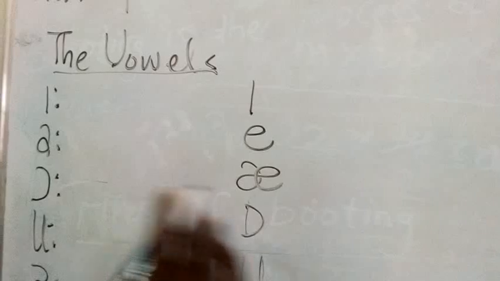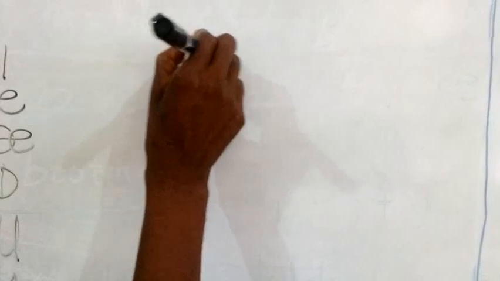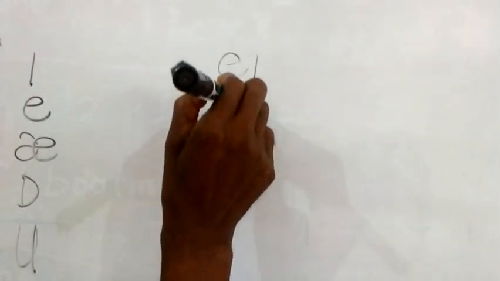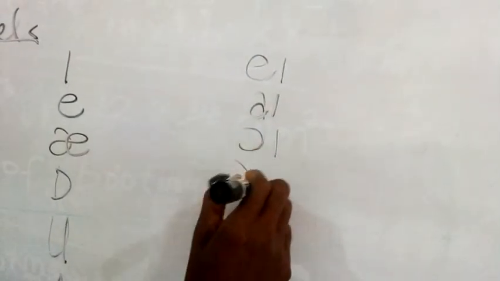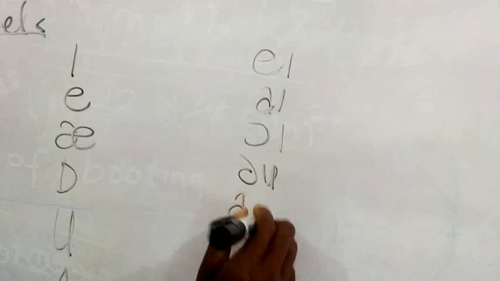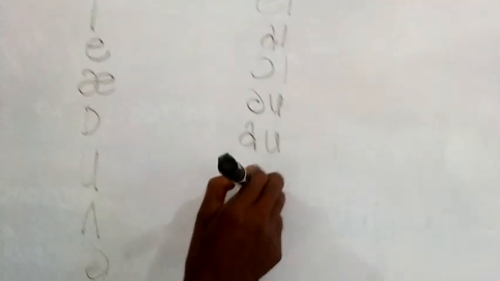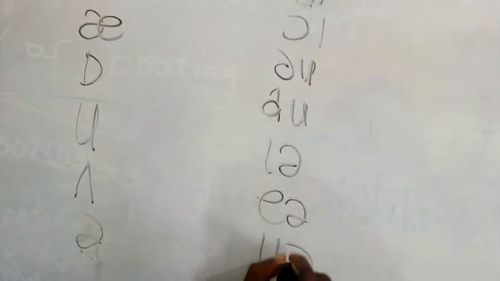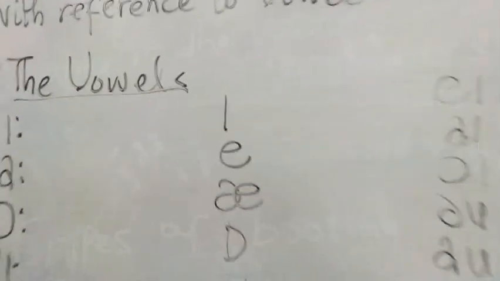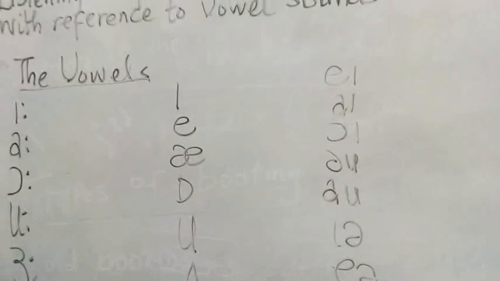So these are the long vowels, these are the short vowels. Collectively we call them monophthongs. So let us look at the diphthongs now. Let's get the diphthongs. All right, so these are all the vowels we have.